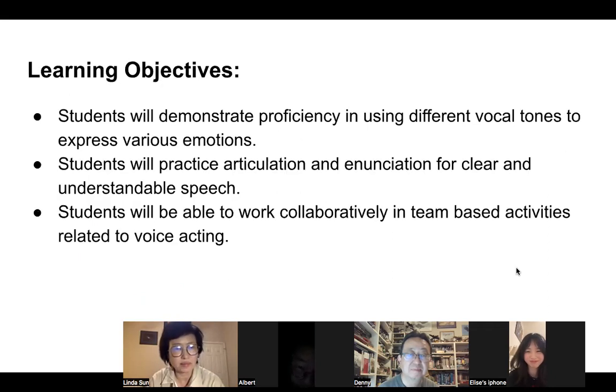And so we have these objectives. We will demonstrate our proficiency in using different vocal tones to express various emotions. And also we'll practice articulation and enunciation for clear and understandable speech.